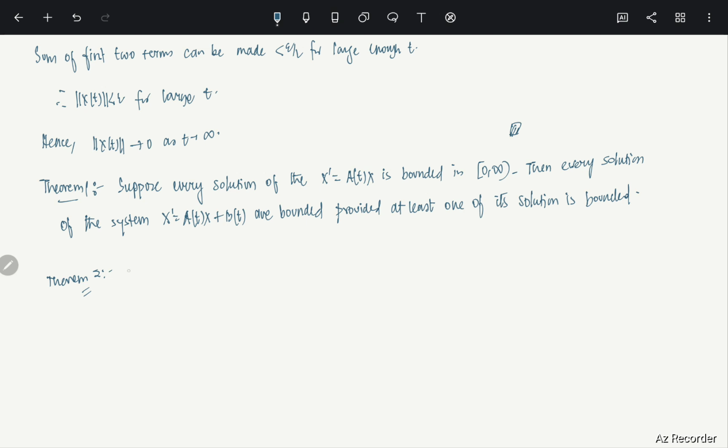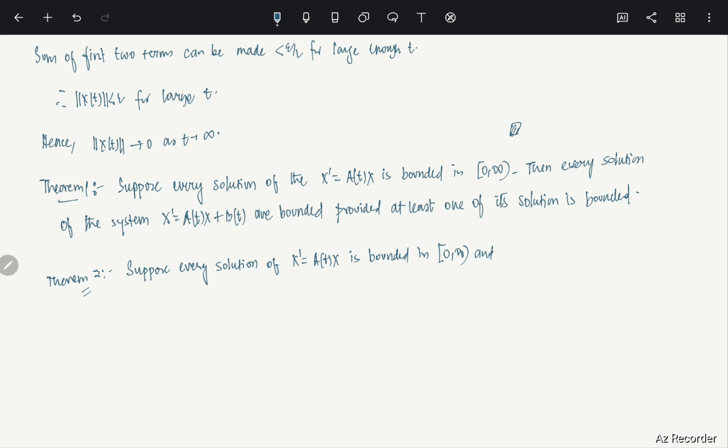So suppose every solution of x prime equals A t times x is bounded in 0 infinity. Same sort of theorem, and you need a different condition. What is the condition you need?